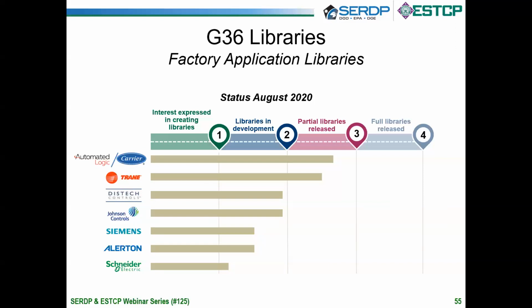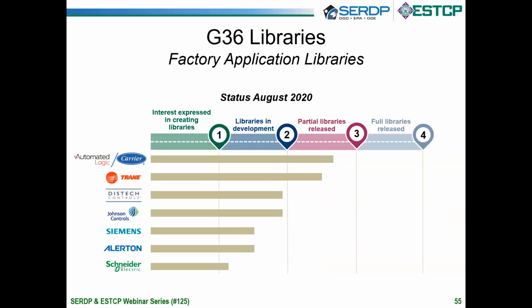We've been tracking what the controls manufacturers' interest is and their progress towards creating these libraries. That's represented in this chart here. This is a snapshot in time and it's a moving target. But just to summarize, most of the large controls manufacturers listed on the left there have publicly stated that they have an interest in creating libraries.